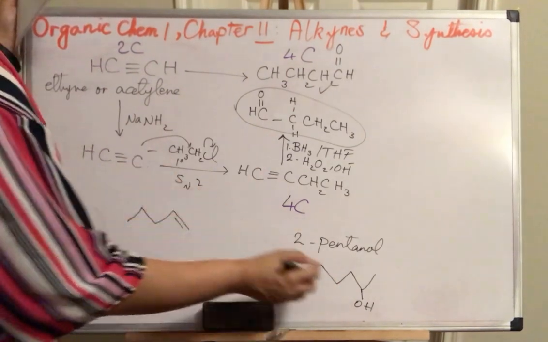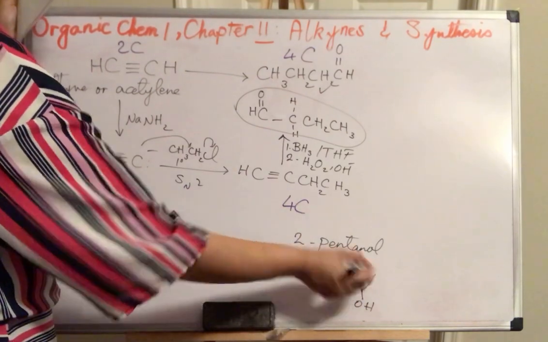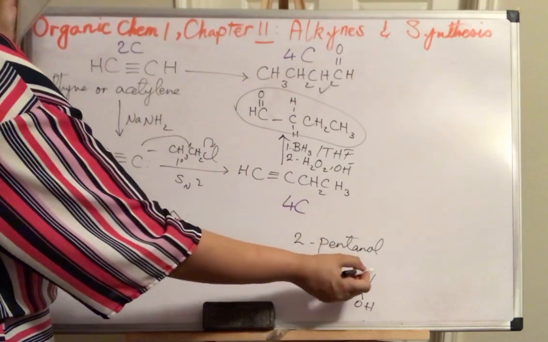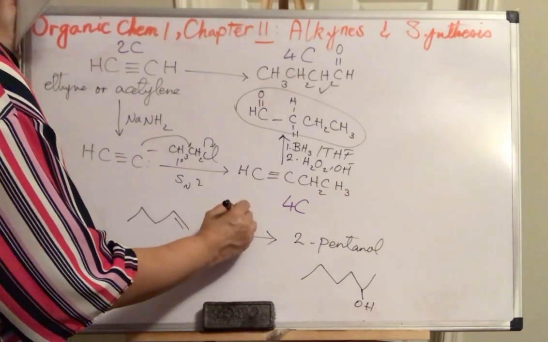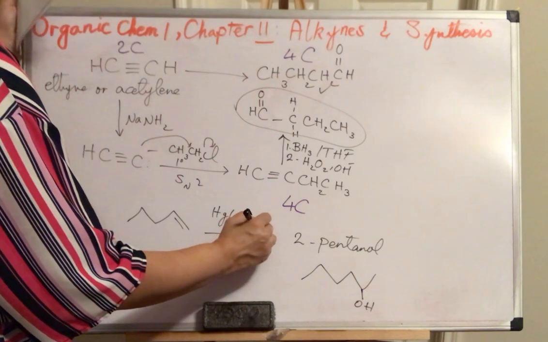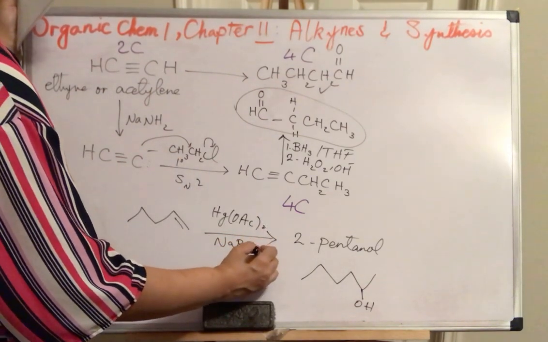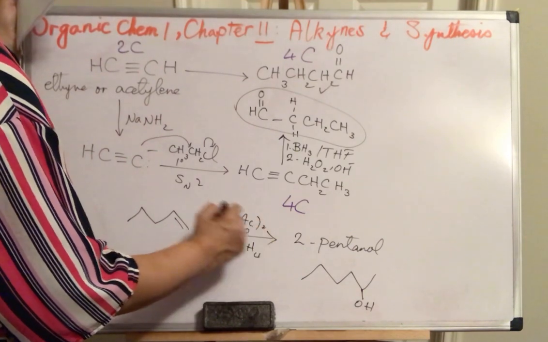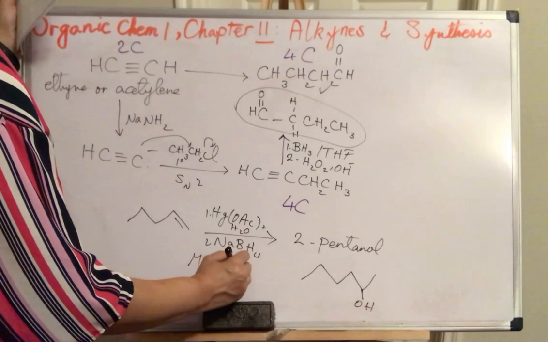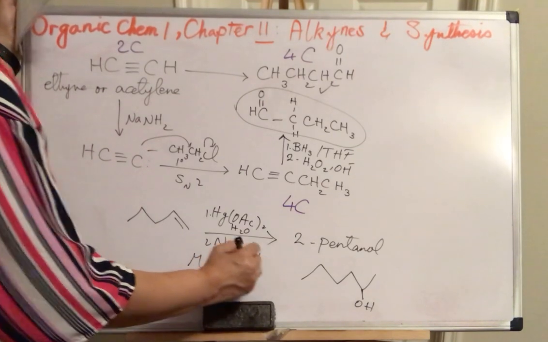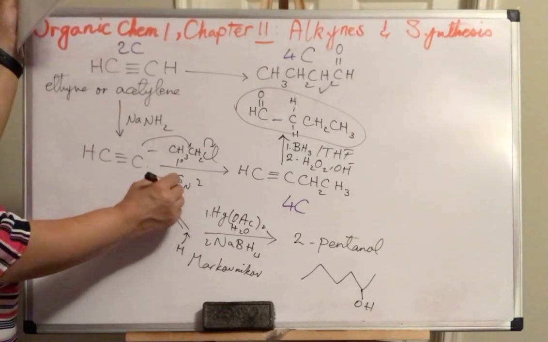Let's analyze it first. There seems to be an OH here and hydrogen here. So if we use an oxymercuration with mercury(II) acetate and then NaBH4, sorry, we have a Markovnikov addition, means H is going to add here, OH is going to add here.